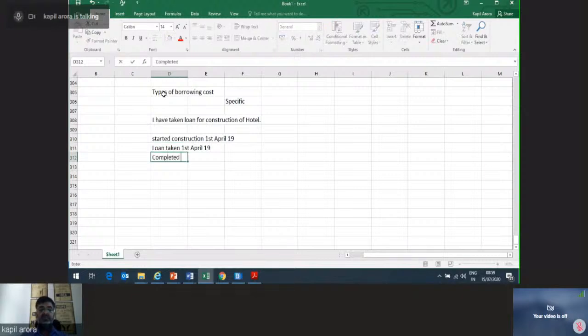Completed construction on 31st December 2021 or 2020. So what is the period here? 9 months and 12 months. So total period is 21 months.